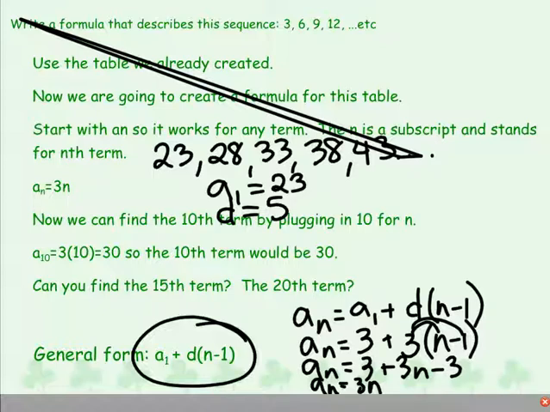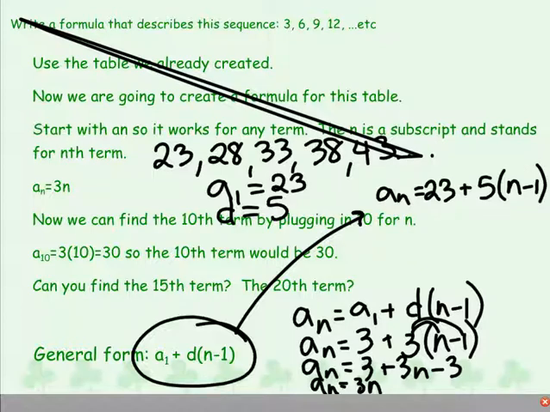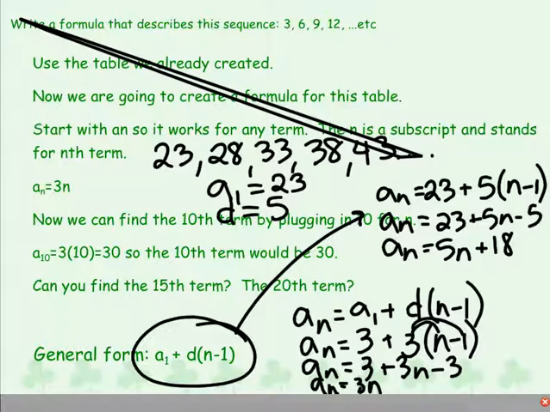So we can plug it into our formula to say a sub n is equal to 23 plus the difference of 5 times n minus 1. So we expand to get a sub n is equal to 23 plus 5n minus 5. We just combine like terms to find that the formula for this sequence is 5n plus 18.